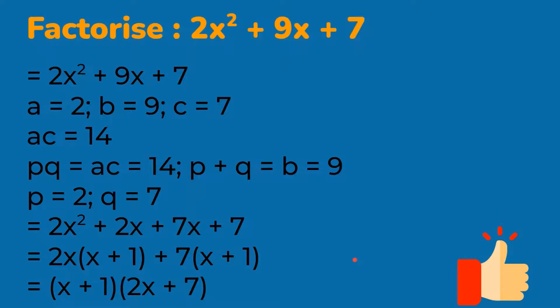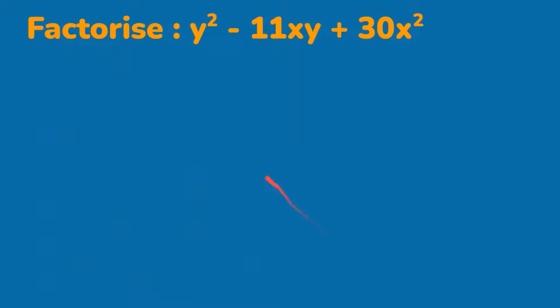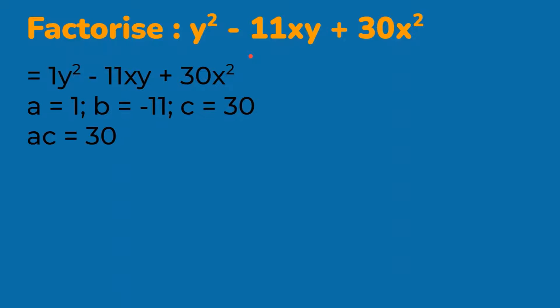Let's see one more example: y squared minus 11xy plus 30x squared. We can write it as 1y squared because we need to find the value of a. So a is equal to 1, b is equal to minus 11, and it is important that we write minus 11, not 11, and c is equal to 30.